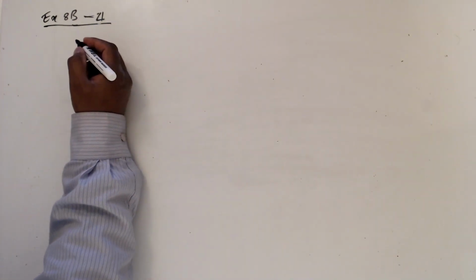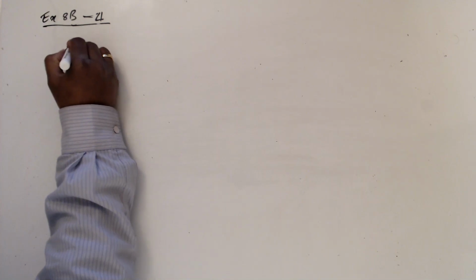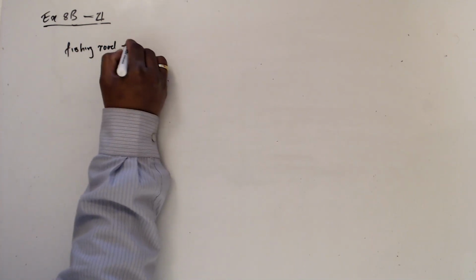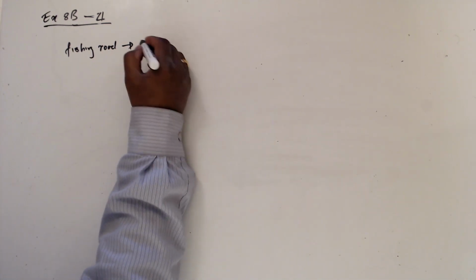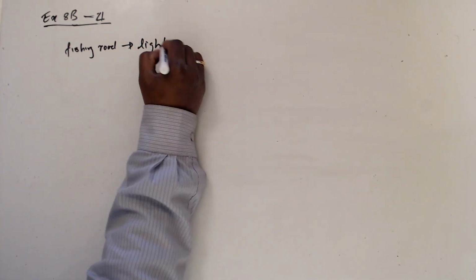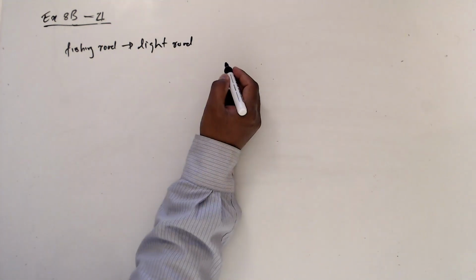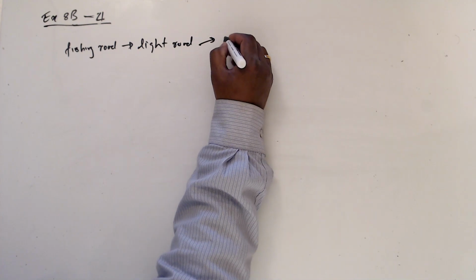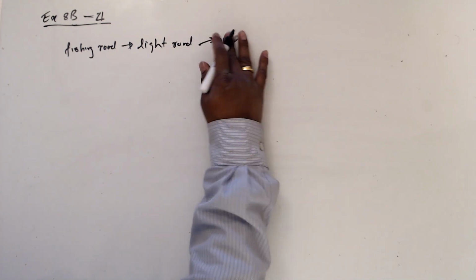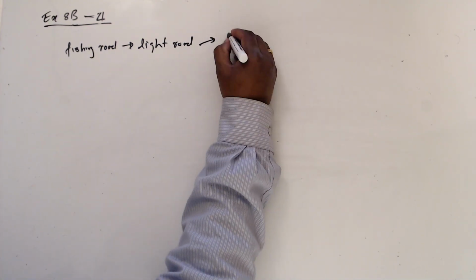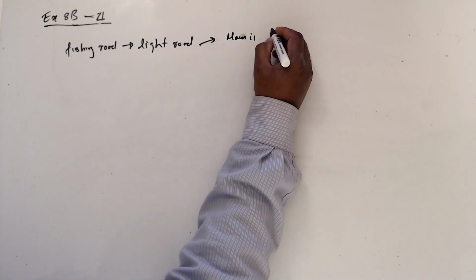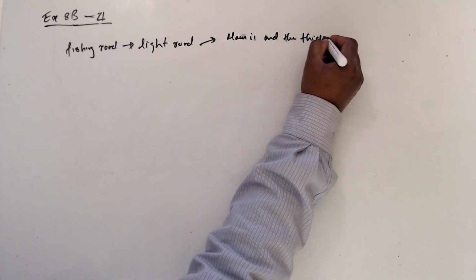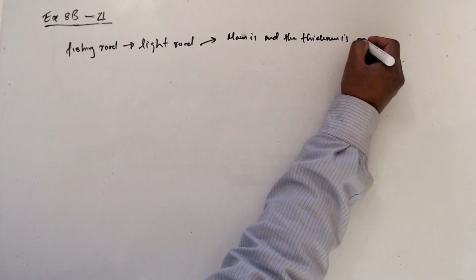Question number 4. A fishing rod can be replaced with a light rod. The assumptions are the mass and the thickness are disregarded.